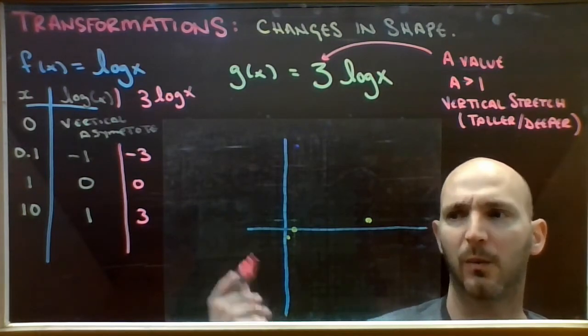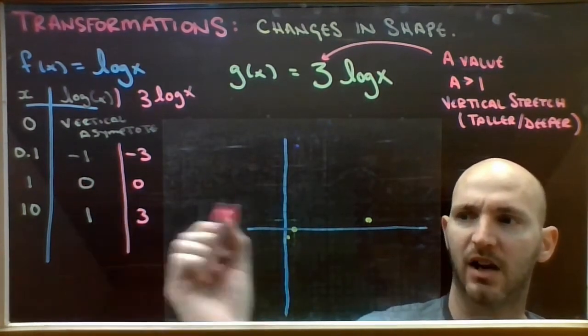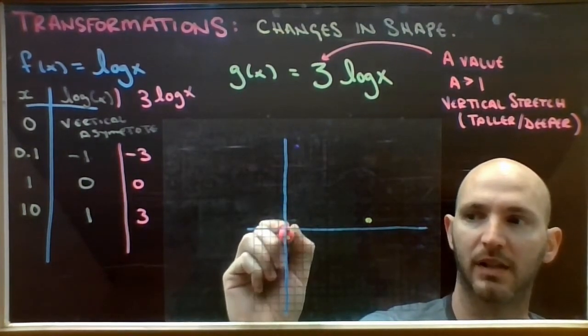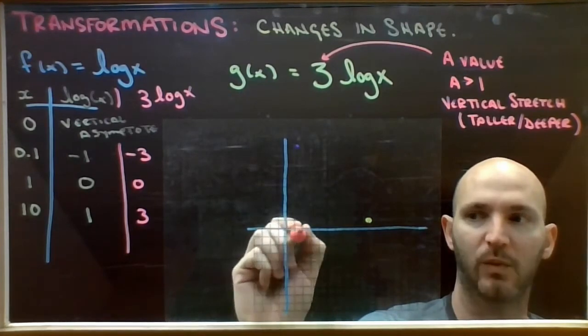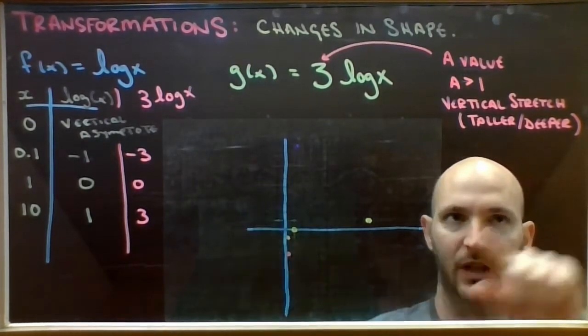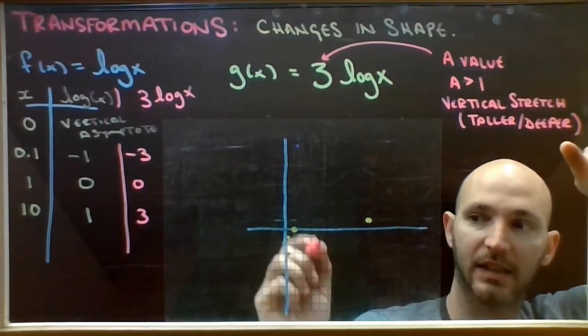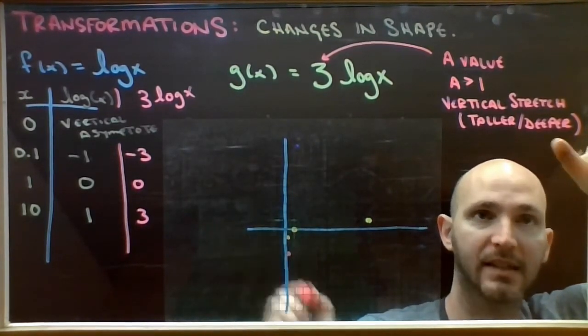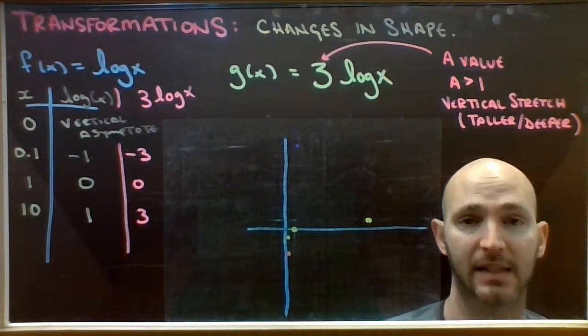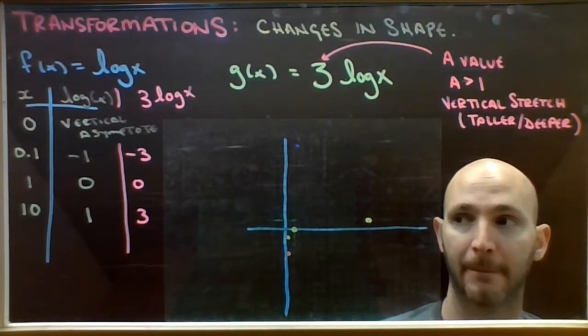So what I've got here then is this dot, this one right here, that used to be at 0.1, -1, will be at 0.1, -3. And you see that's this thing. This dot was under the axis, so it is forced deeper. It is forced further away from the axis than it already was.